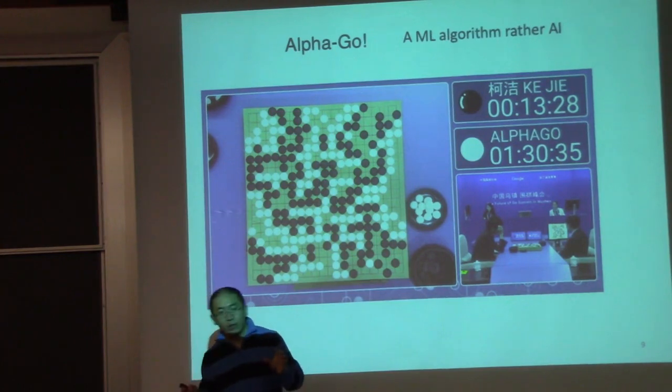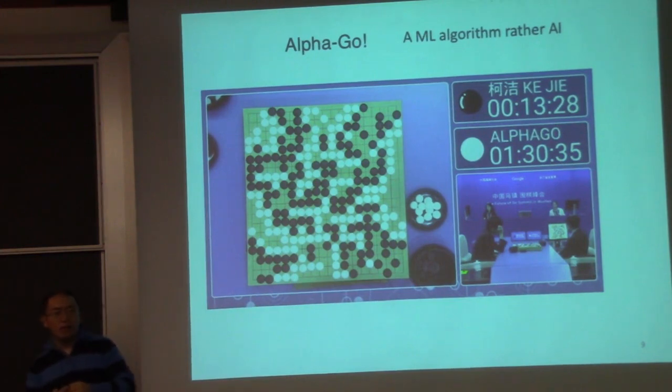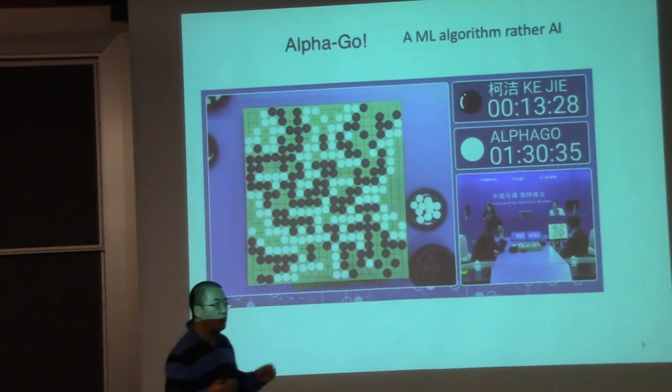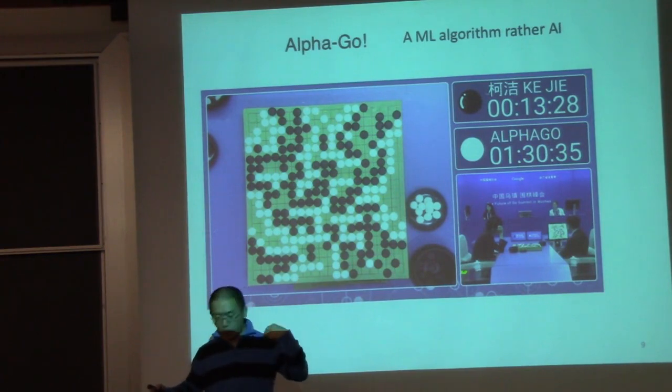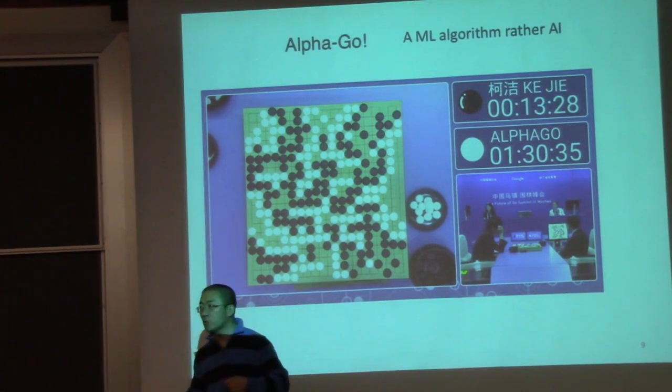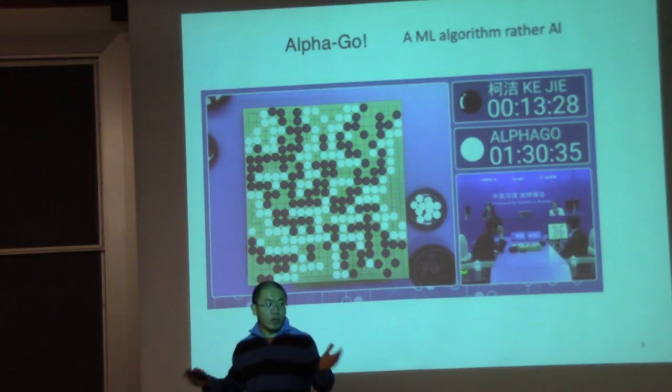That means you cannot use some mechanical search method. Like you build up a supercomputer, right? If your computer is really powerful, you enumerate all possible ways to place your stones and to play the game and find the best way, and you will win for sure. But that's not feasible.